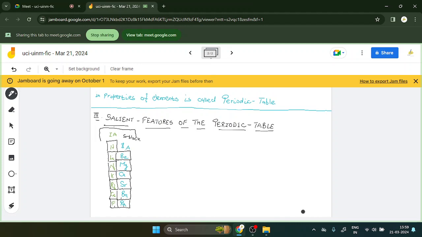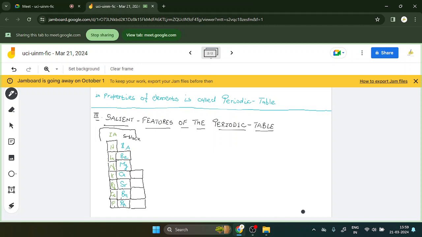So we will start from here, from calcium, then we have scandium, yttrium. Then from here to here we have the lanthanide series, 57 to 71, and then 89 to 103 we have the actinide series.